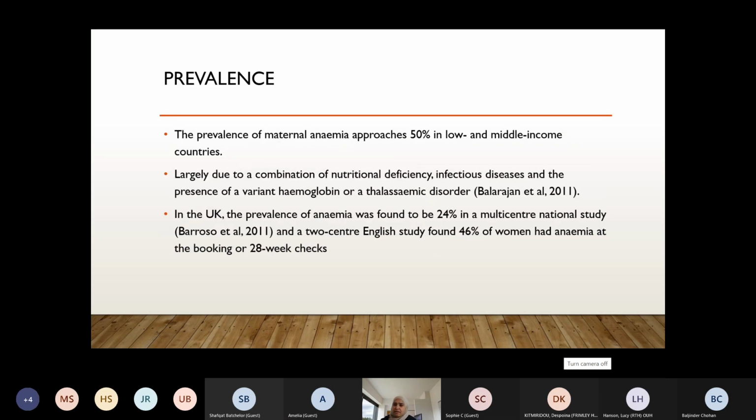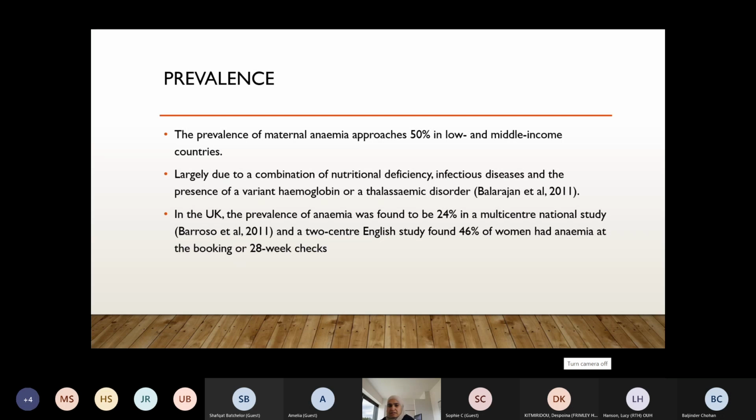It is a common disorder, as we said, affecting 50% in low income and resource countries. There was a study done in the UK, which found that about a quarter of the population has anemia.